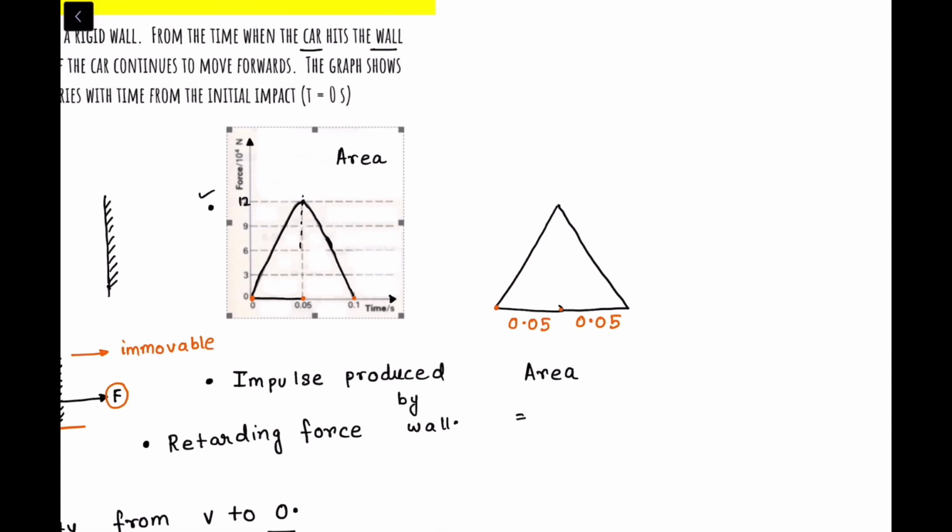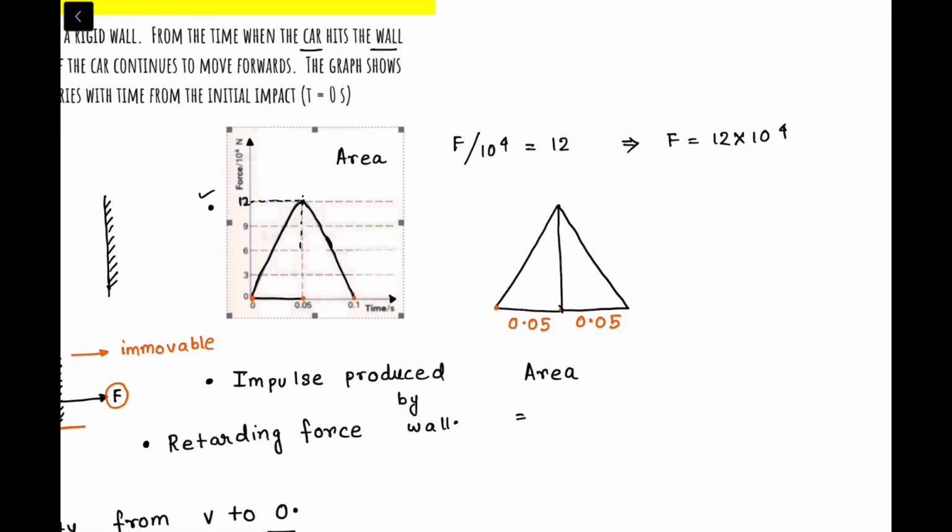My bad, it got rubbed. Okay. And what is the height? Height is 12 into 10 to the power 4, because the force is given as force per 10 to the power 4, which is equal to 12. So the F max is 12 into 10 to the power 4. See the graph clearly, you'll get it.